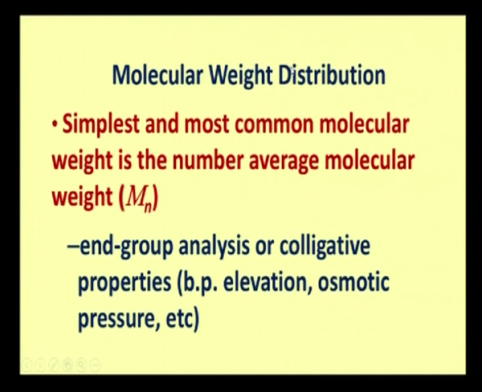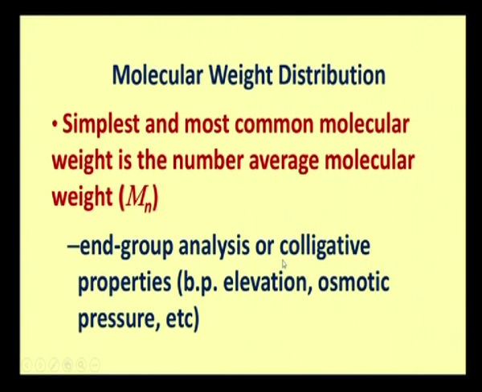Molecular weight distribution. The simplest and most common molecular weight is called the number average molecular weight. Although there are different types of average molecular weights for polymers, the simplest one is the number average molecular weight. It can be determined by N group analysis methods or colligative property based methods like boiling point elevation, osmotic pressure, depression of freezing point, and so on.